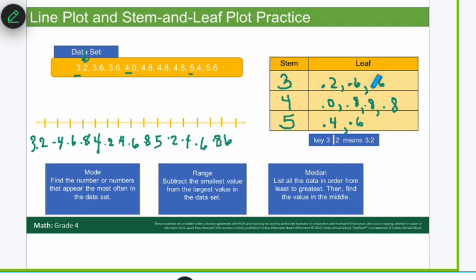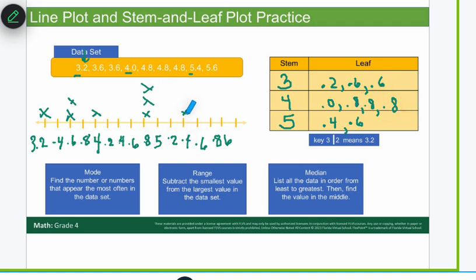Now I can go ahead and plot my information. So I have 1 x as my frequency above 3 2/10. Above 3 6/10, I'm going to put an x and then a second x because it appeared twice. I'm going to do the same thing over here above the 4, 2 x's, above the 8, 3 x's, and then I'm ready to come on over.